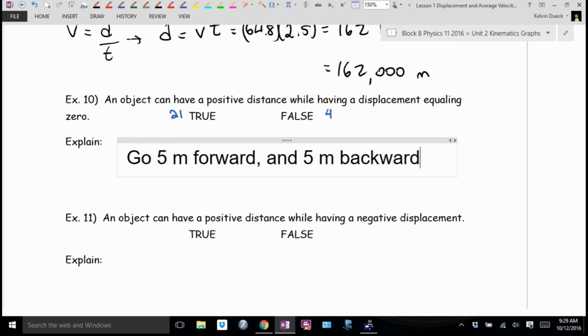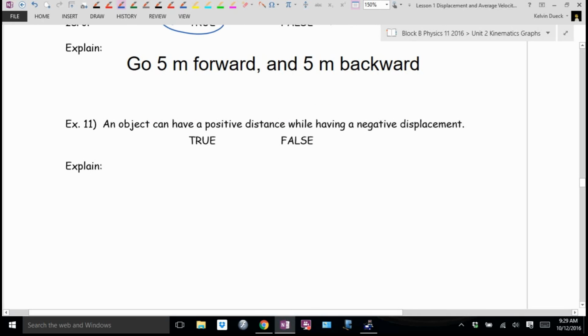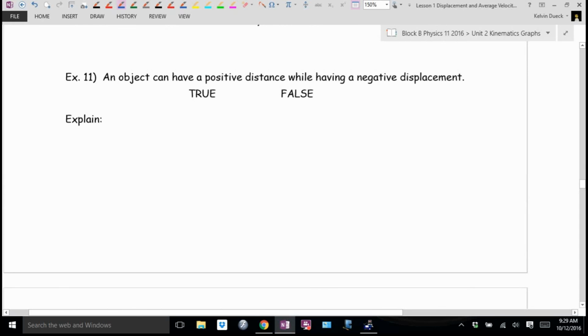Sure. Okay. So, true. Yeah. All right. Smarty peoples. An object can have a positive distance while having a negative displacement.